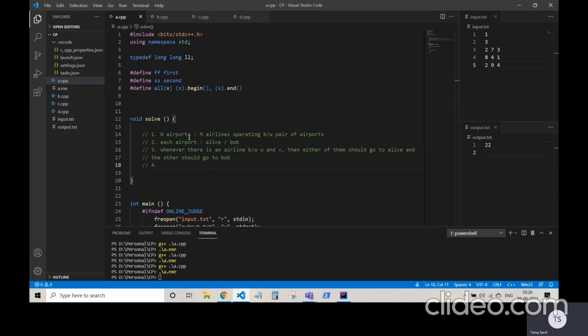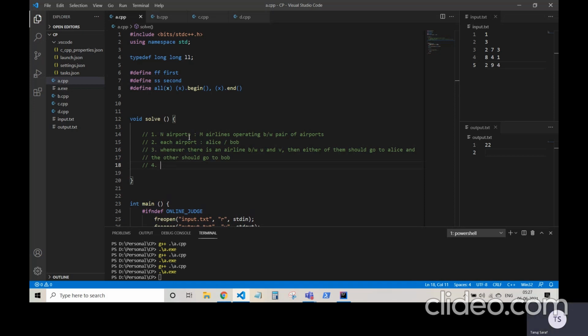So if you think about this problem, you can clearly see that each airport belongs to either Alice or Bob, and there is a direct two-way airline between these two airports, one of which belongs to Alice and the other one to Bob.